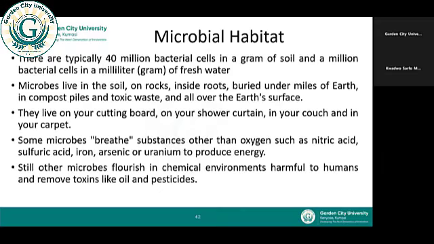There are typically around 40 billion bacterial cells in 1 gram of soil. So you can just imagine the size of the gram of soil and the number of microorganisms that you can find in there. They are tiny. If you take 1 milliliter of fresh water, you have millions of these microorganisms.